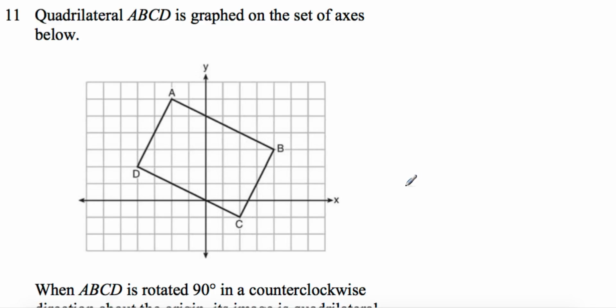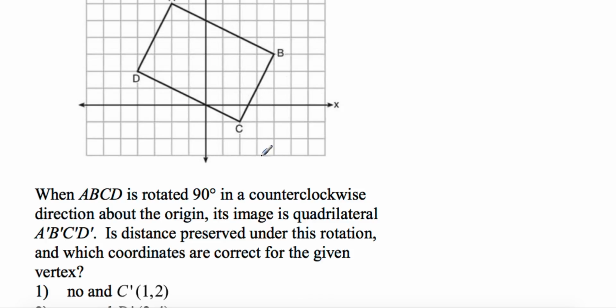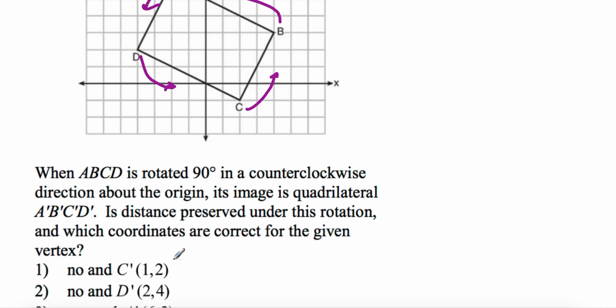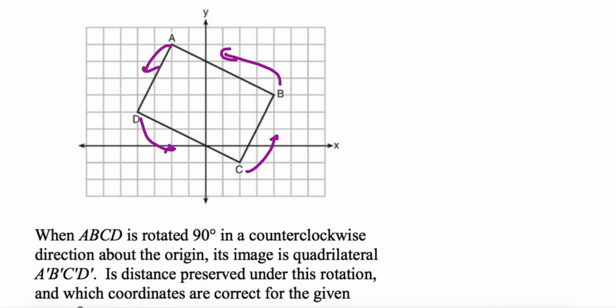So we have a quadrilateral given. When ABCD is rotated 90 degrees counterclockwise, A will go somewhere here, D will be going here, C is here, and B is this way. And then they want us to find the image. When you're rotating 90 degrees, what's going to be happening?